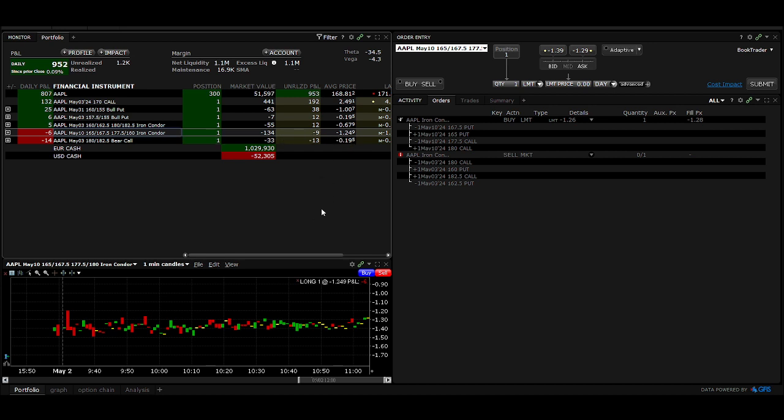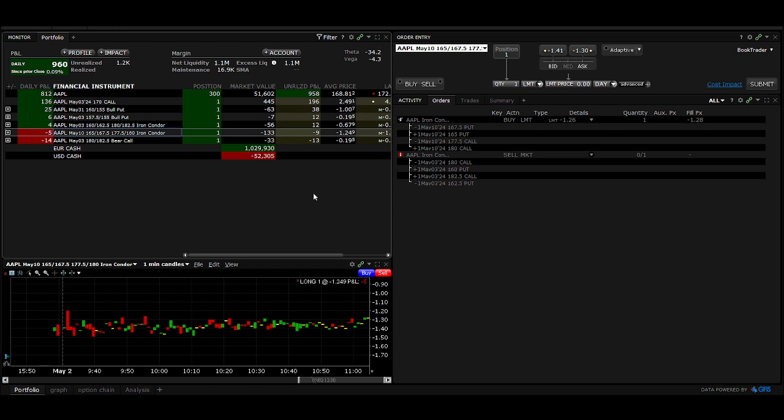You see here, this is what we bought. This is our portfolio, and now we can see how the price changes, what our market value of the position is, the price that we bought at, what the P&L is for this, and so on.